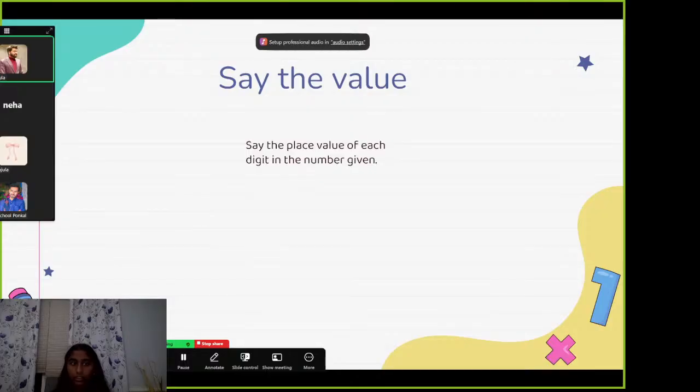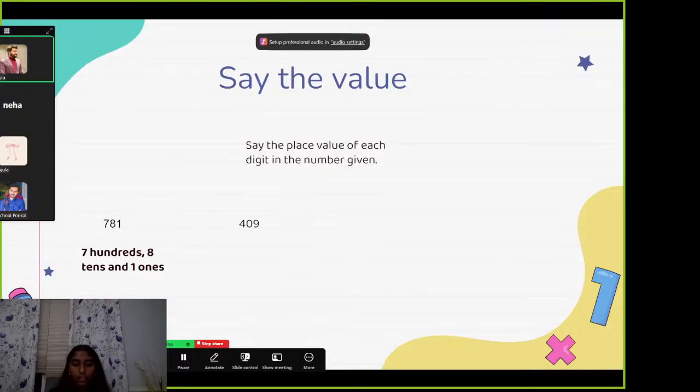Like in a three-digit number I will give you, you have to say the place value of each digit in that number. So in 781, you would have to break it apart and say it has 7 hundreds, 8 tens, and 1 one. So, as I said here, that is the answer.